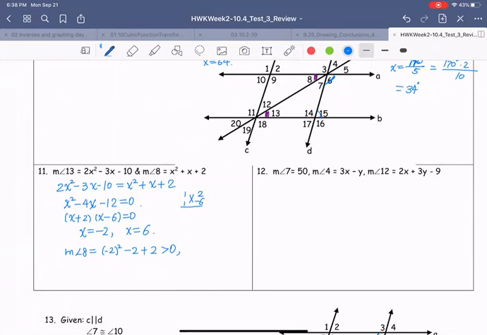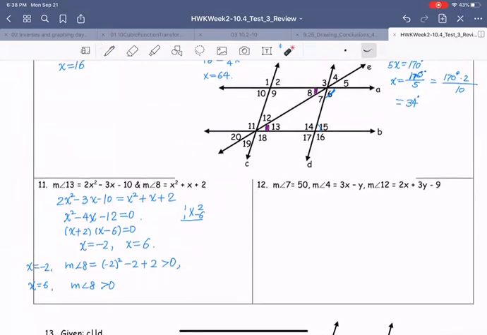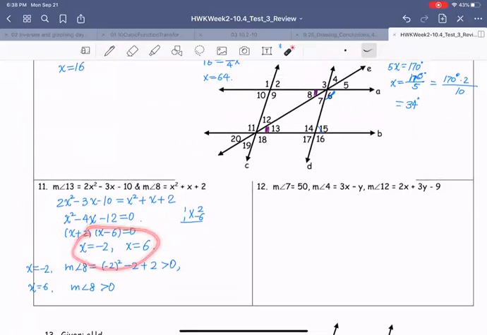Now, when x equals +6, that angle is also positive. Everybody is positive, and their summation is also positive. So you have two solutions over here. X is not your angle value. This expression is your angle value, so you want to check whether this expression is positive or negative.